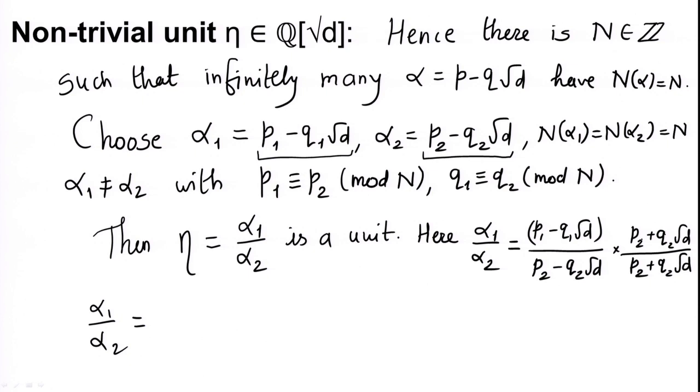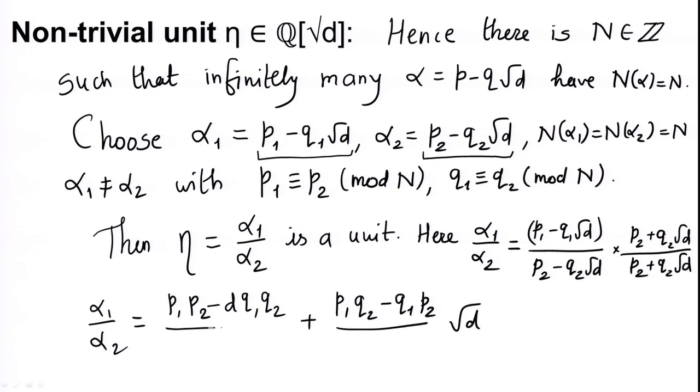The numerator becomes p1 p2 minus d q1 q2, and we have the root d coefficient which is p1 q2 minus q1 p2 root d. I will write the denominator separately for both, and the denominator is p2 minus q2 root d into its conjugate. So, I am going to get the norm.